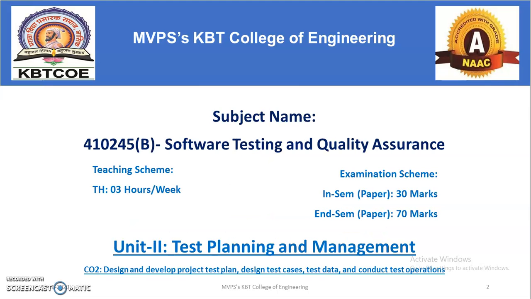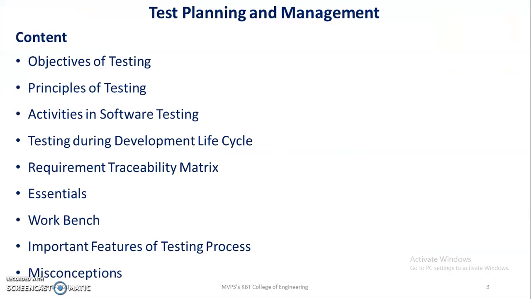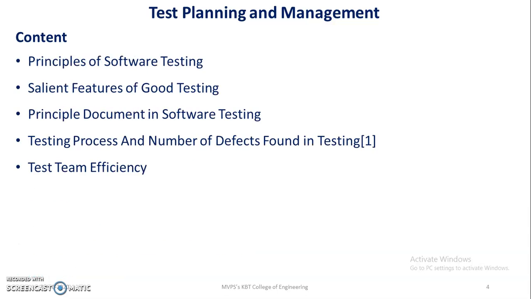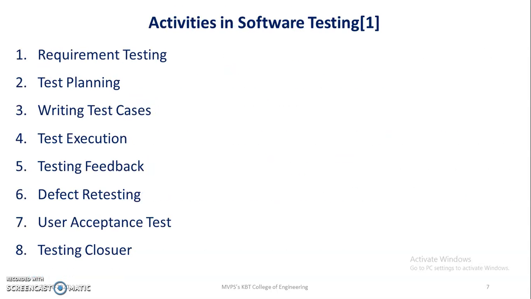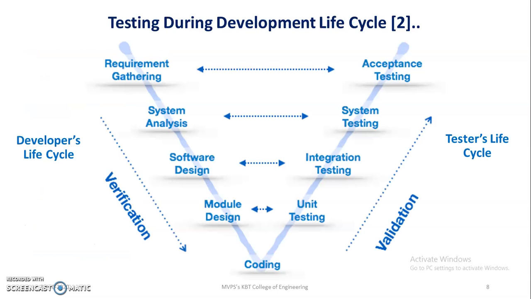From the last three videos, we have discussed test planning and management concepts in software testing and quality assurance. In these concepts, we have discussed the objective of testing, principles of testing, activities in software testing, testing during the development life cycle.